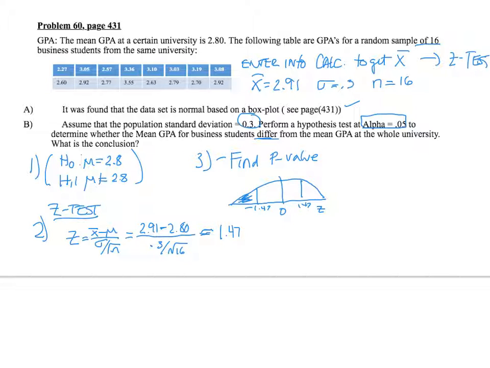So I can find the p-value by doubling it. Since it's a two-tailed test, the p-value is equal to 2 times the probability that Z is less than negative 1.47.